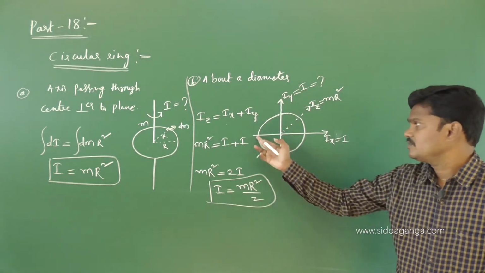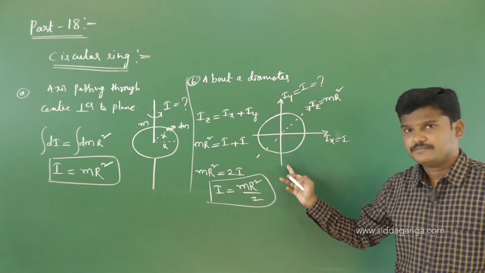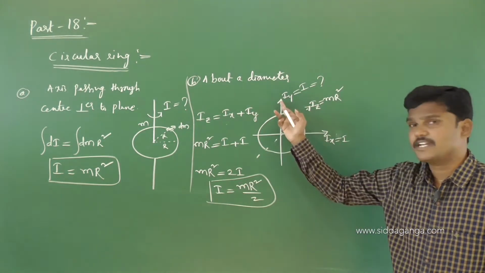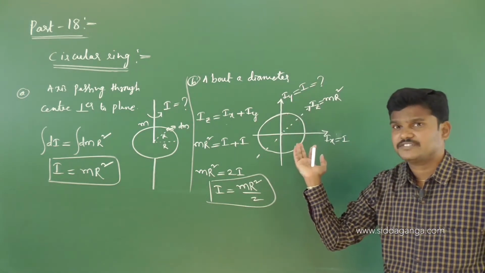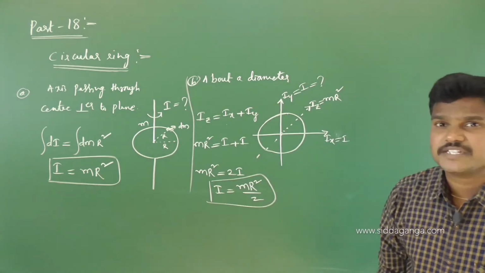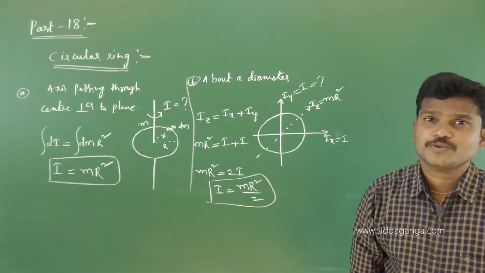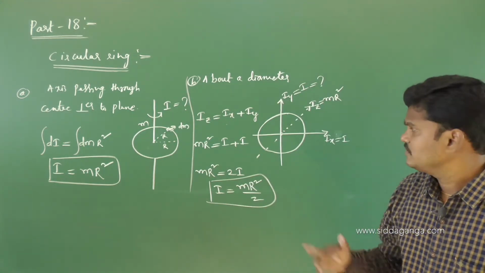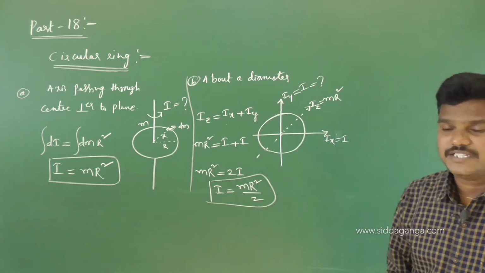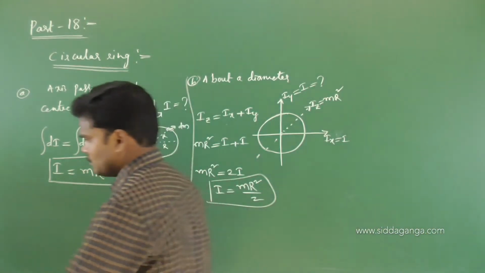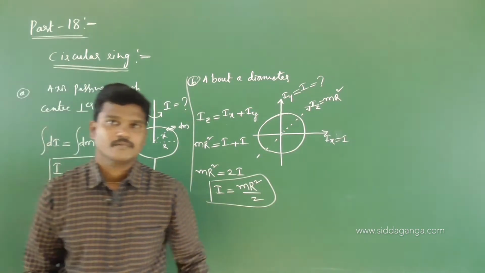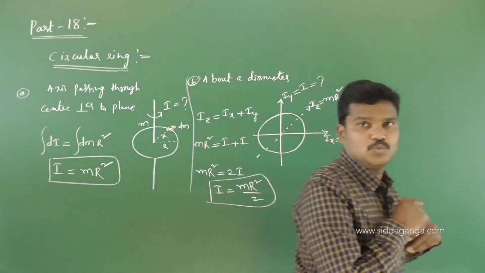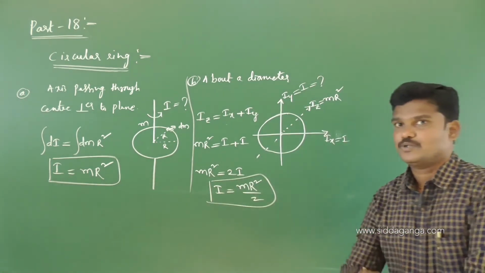This is the diametrical line, this is also a diameter. Due to symmetry these two are equal, and Iz is towards you, but on the board I am drawing the diagram like this. So by using the perpendicular axis theorem, Iz is equal to Ix plus Iy. Finally I got I equal to mr square by 2, so about a diameter it is mr square by 2.